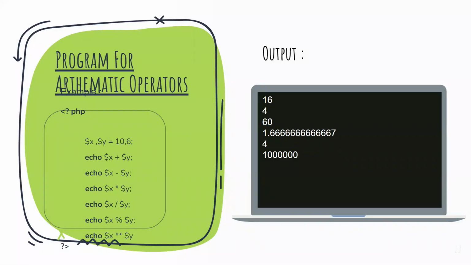This is the example program. x is initialized to 10 and y is initialized to 6. Then we are trying to print its sum, difference, product, division and remainder. And we are also printing out the power.